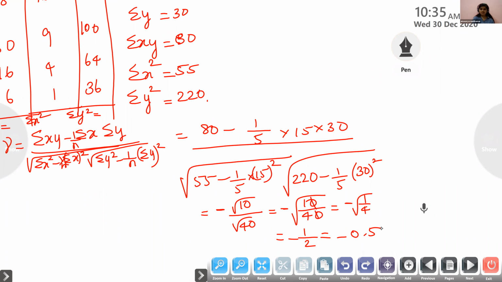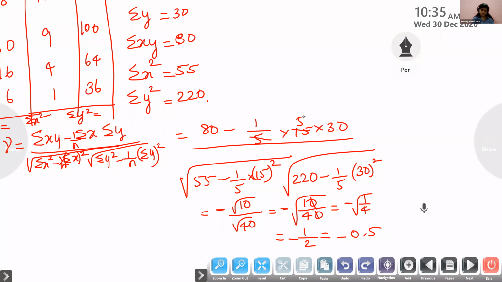Ma'am, how did root 10 come in the numerator? 80 minus, here if you cancel this, it will be 10 only, isn't it? 10 by root 40.